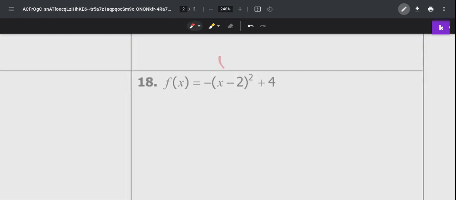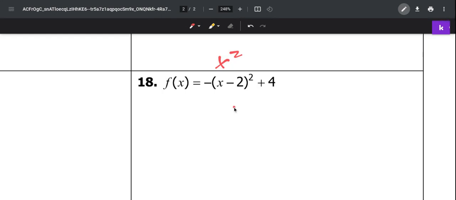This is not just x squared. This is not just x squared plus 4, okay? We have to either FOIL this out like this. So we have to say x minus 2 times x minus 2, or you can use the trick I've shown you before, which I'll show you that one again.